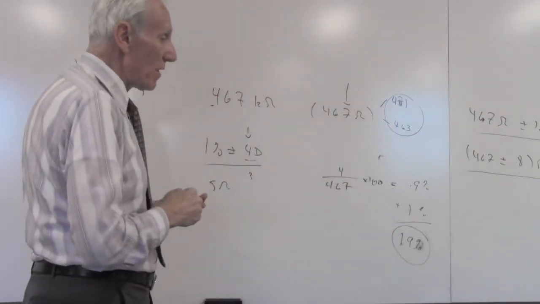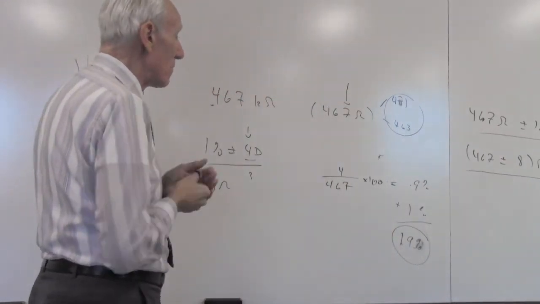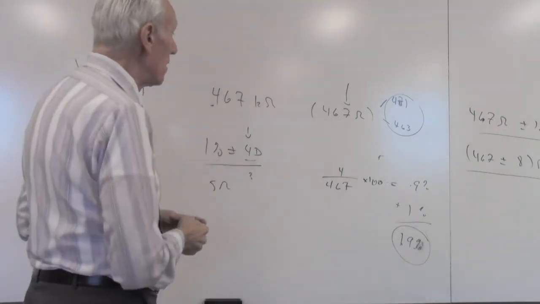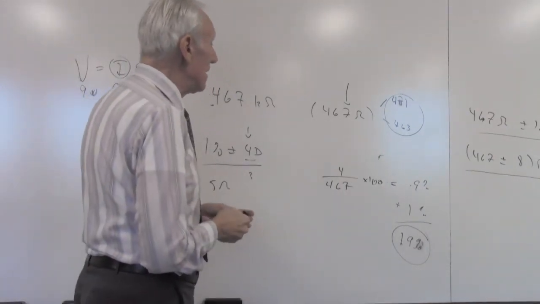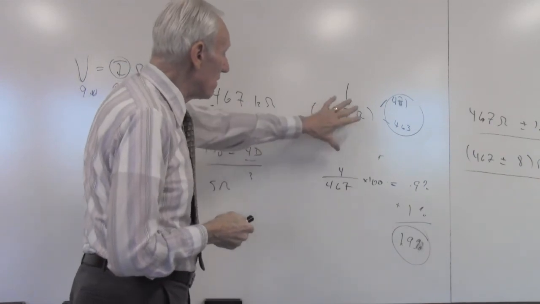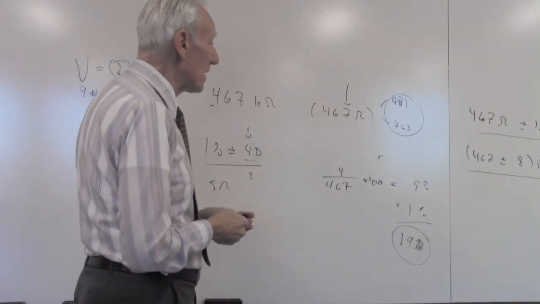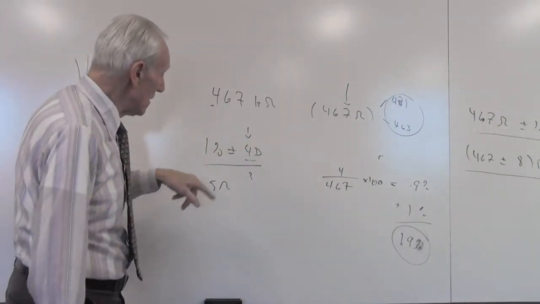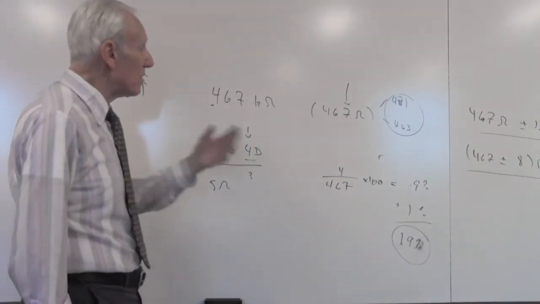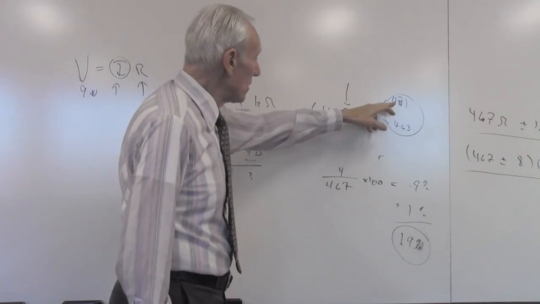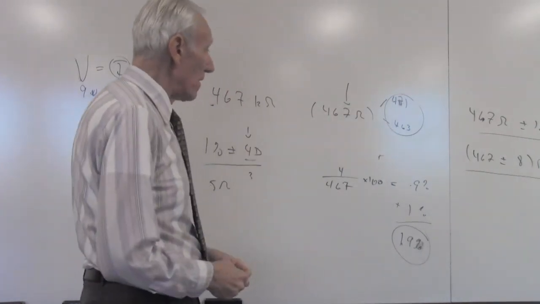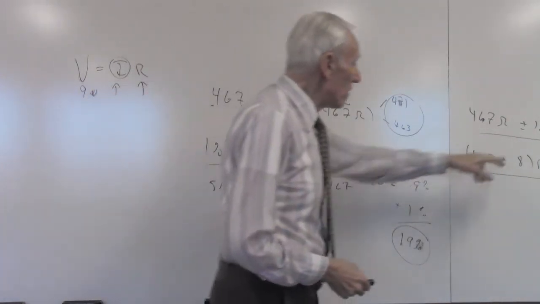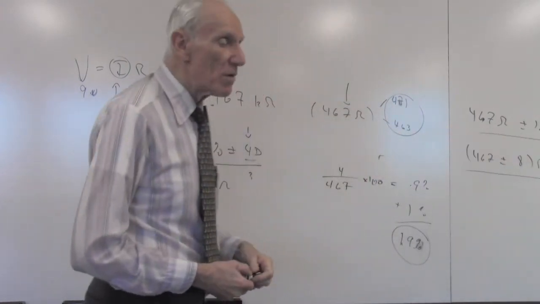So they're a little more complicated actually, but they're much nicer because they give you the answer. The answer is somewhat dependent upon the value you're reading on the screen, and that's what this 4D means. So the smaller that number is, if it was 2D, then it would only be 2 digits, from 469 to 465. And that would be better, and that would lower this percent to maybe something like 1.5%.